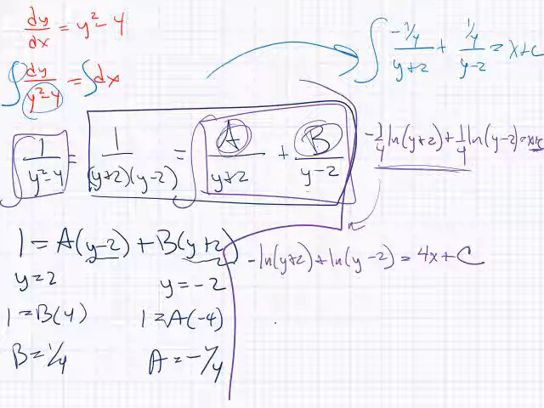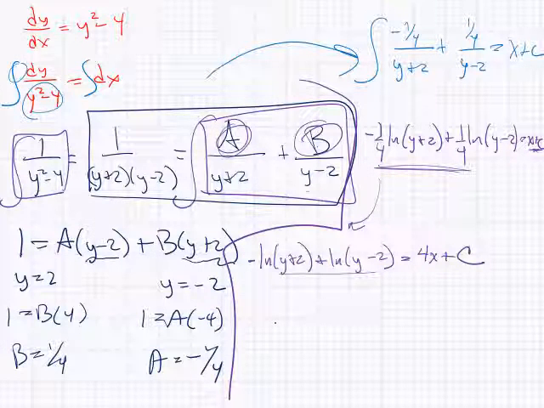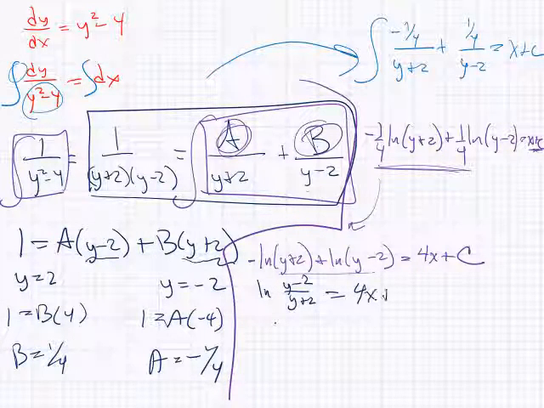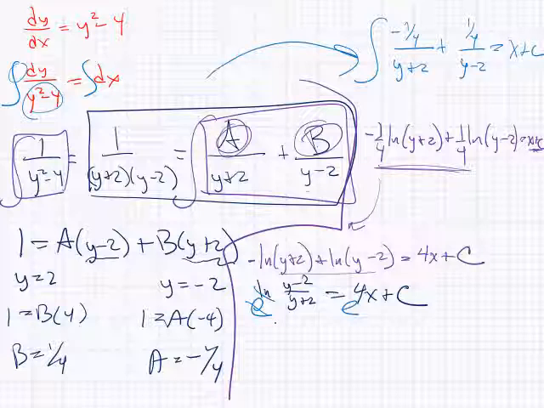Then I'm going to put these two logs together. This one being subtracted should go in the denominator. So I have the log of (y minus 2) over (y plus 2) equals 4x plus c. Then I'm going to exponentiate both sides to get rid of the log.